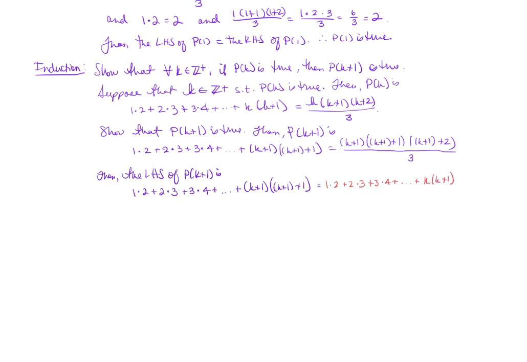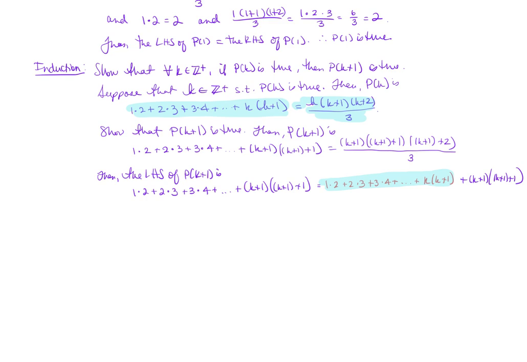And then we added on that k plus 1 term, which is k plus 1 times k plus 1 plus 1. And we also know from our previous definition that we added up there, our supposition for p of k being true, that the sum of the first k terms is also the same as k times k plus 1 times k plus 2 all over 3.